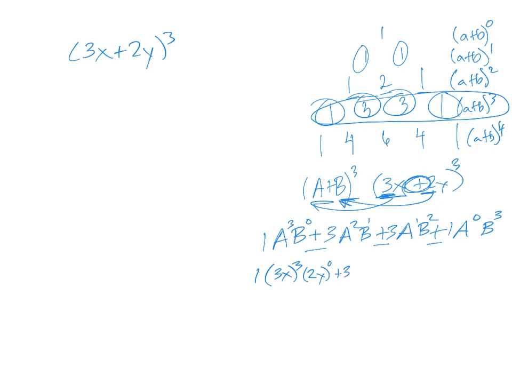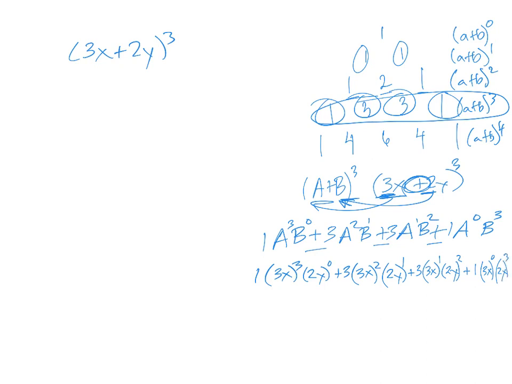Hopefully I can squeeze this all in here. 3x to the 2nd, and 2y to the 1st, plus 3x to the 1st, 2y to the 2nd, plus 1 times a, 3x to the 0th power, and b, which is 2y to the 3rd.